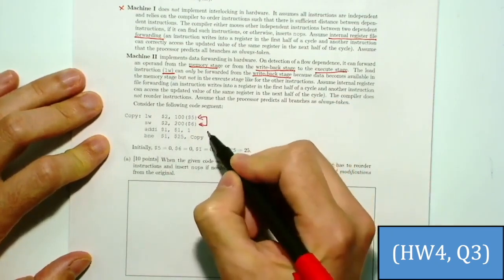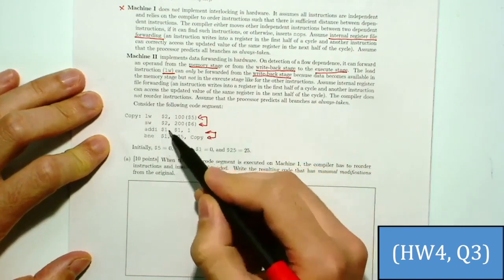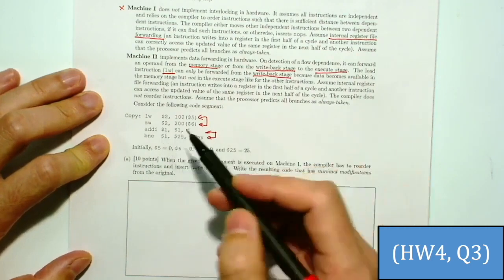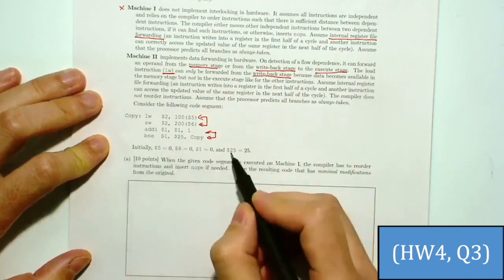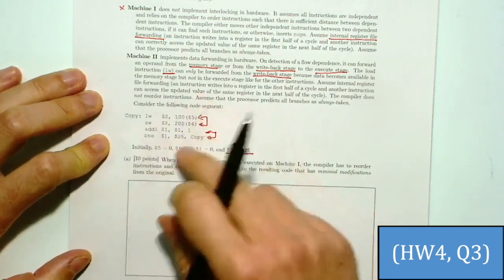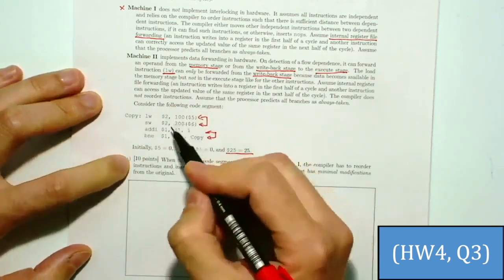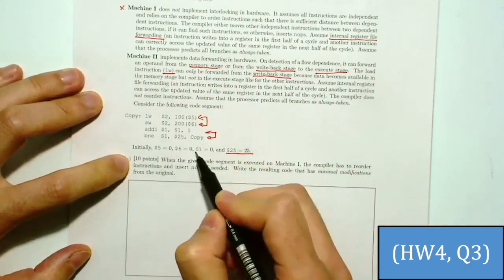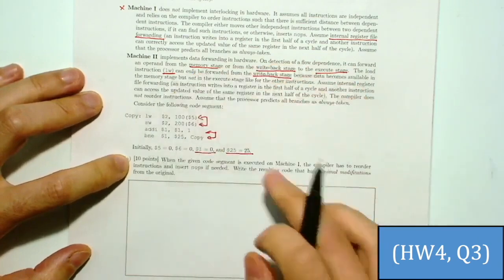And these two instructions are also dependent. We store the result of the add in register 1, and we compare register 1 with register 25. The content of register 25 is 25, so we execute this loop basically 25 times, because the initial value of register 1 is 0 and in each loop we increment this register.